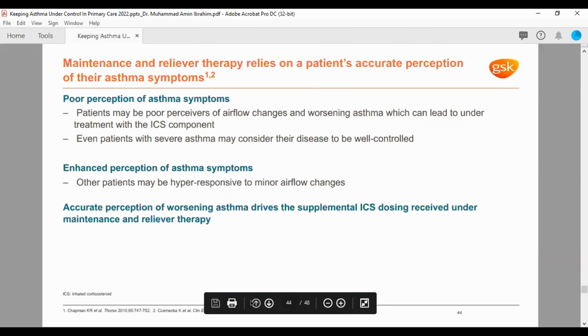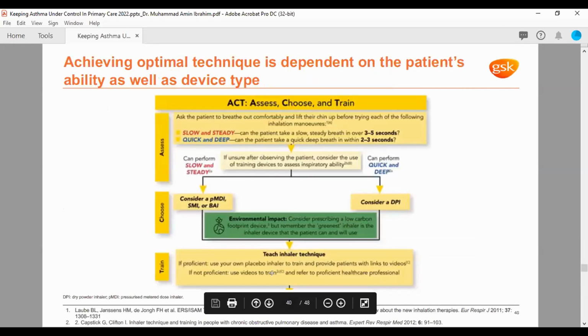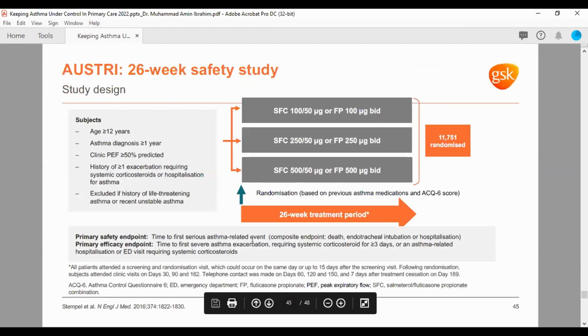So when we use MAT approach, maintenance and reliever approach, there is possibility that patient underestimate or overestimate their symptom, which lead to underuse or overuse of their MAT therapy. So there is concern if we use long-acting beta agonist in asthma patient, you cause harm in asthma patient.